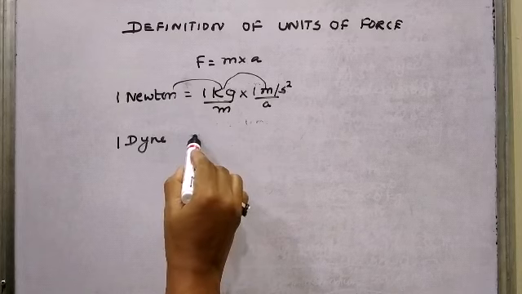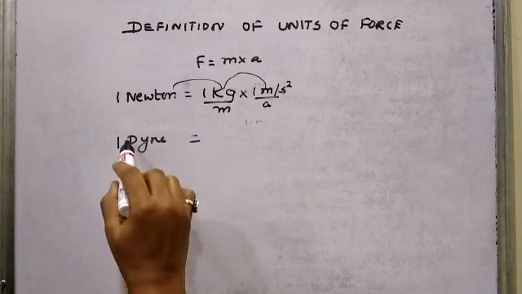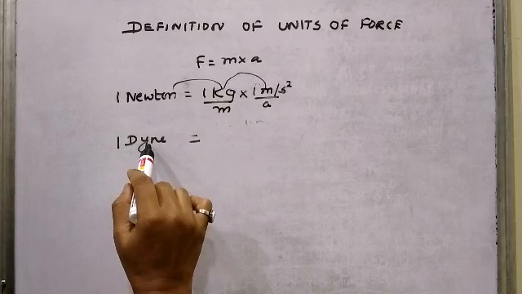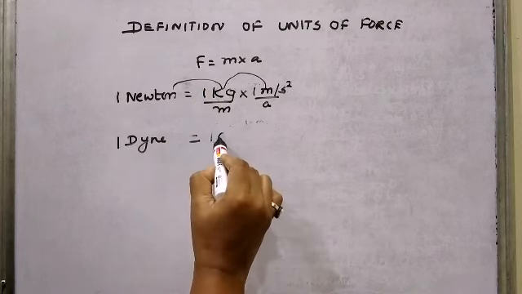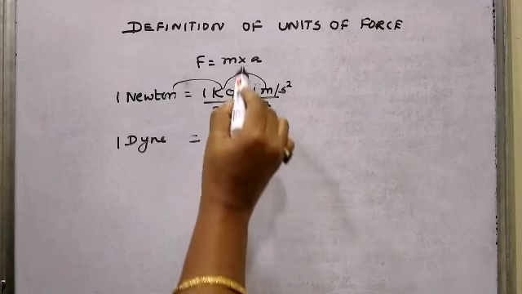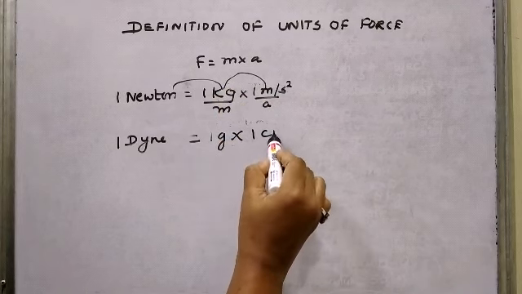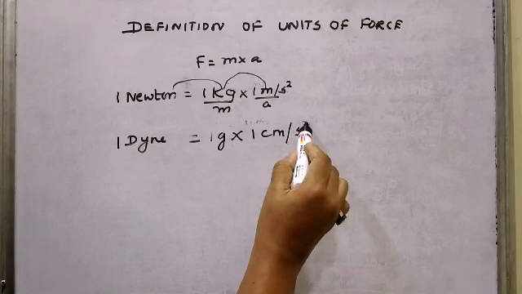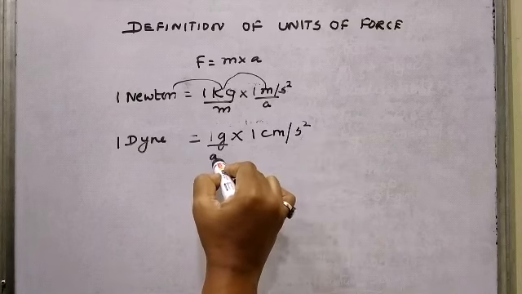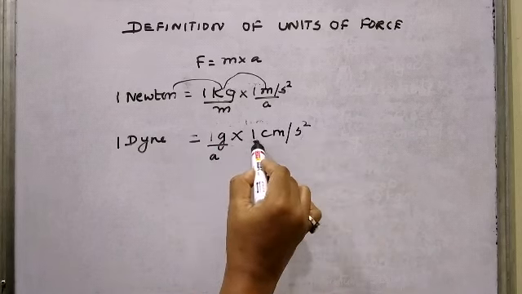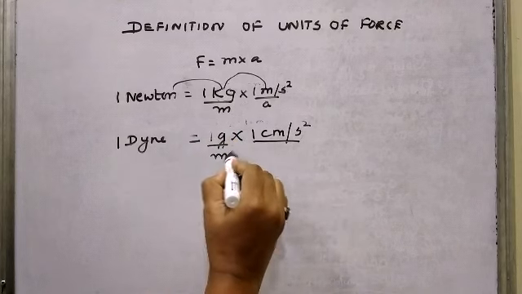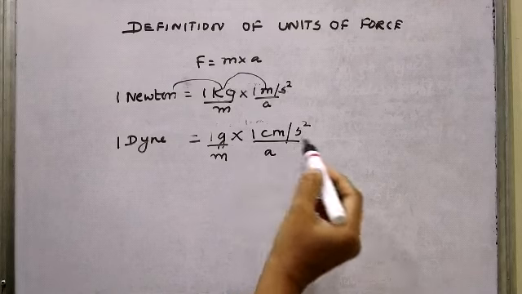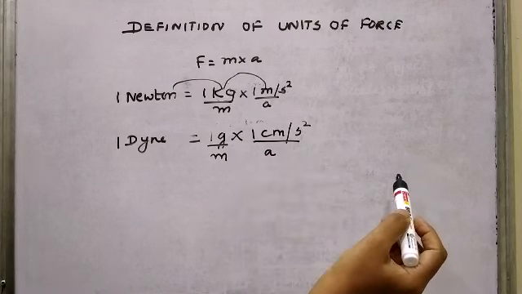Similarly, the unit of force in the CGS system is Dyne. If the force has to be 1 Dyne, mass should be 1 gram and acceleration should be 1 centimeter per second square.